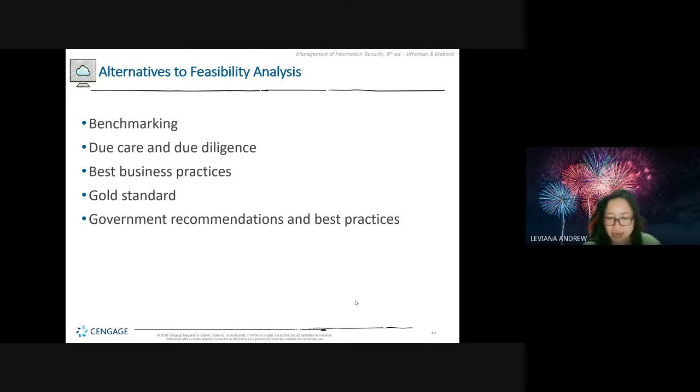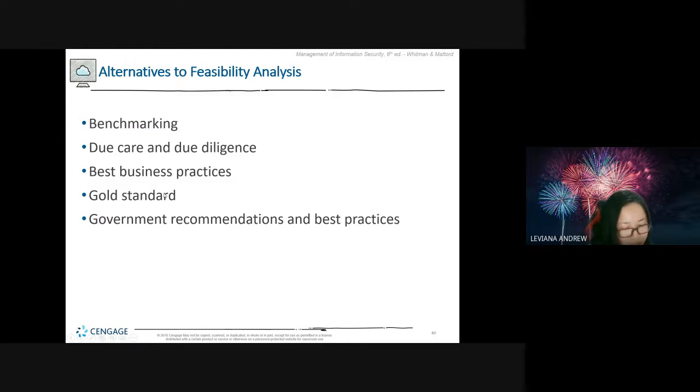Due care and due diligence describe an organization's actions when it adopts a certain minimum level of security. Best business practices are considered those thought to be among the best in the industry, balancing the need to access information with adequate protection.